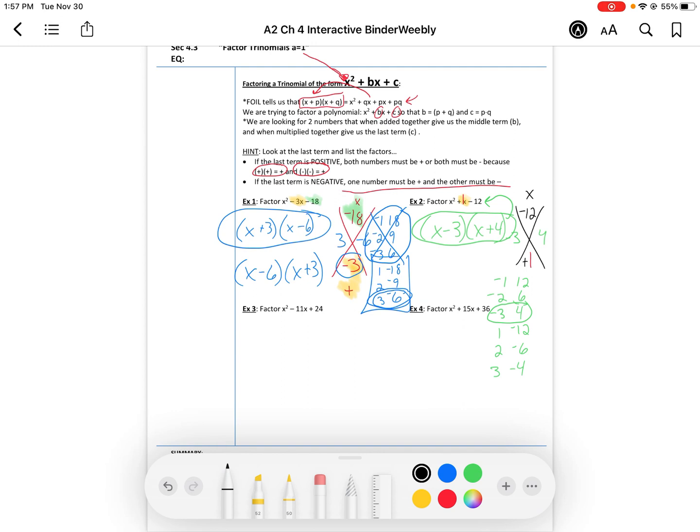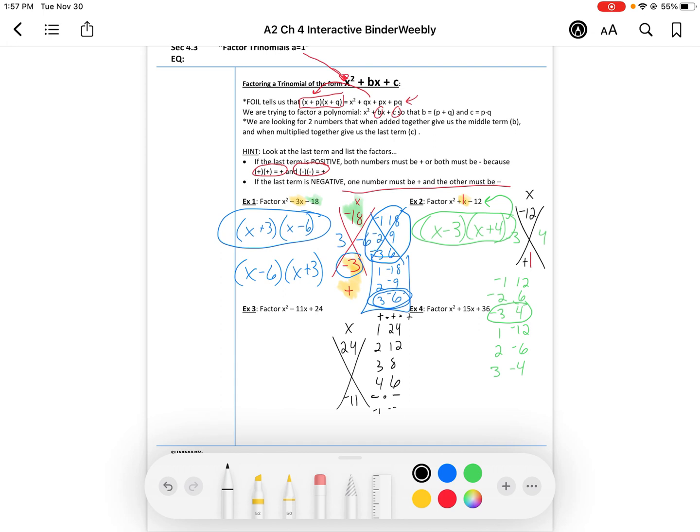Let's try the next one. We're trying to multiply to 24 and add to negative 11. So ways to multiply to 24: 1 and 24, 2 and 12, 3 and 8, 4 and 6. Well, none of these ways add to negative 11. But since we're trying to multiply to a positive, and a positive times a positive is a positive, I could do a negative times a negative.